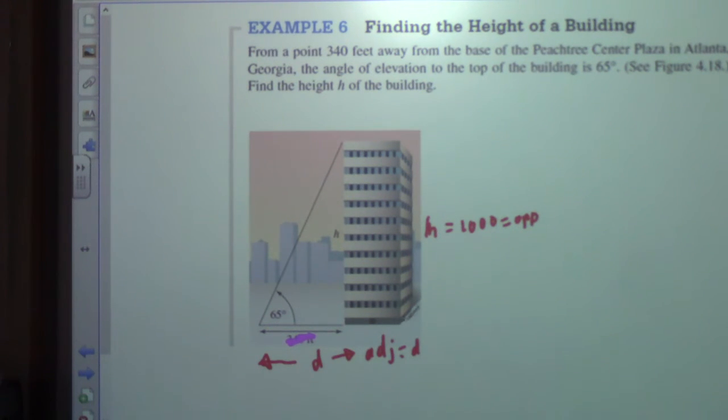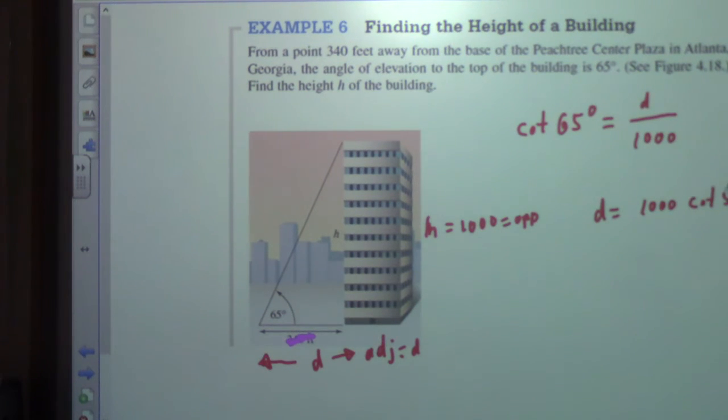So in this case, we could use cotangent of 65 degrees equals adjacent over opposite, so it's D over 1,000. You could use tangent and do 1,000 over D. In this case, D is going to be equal to 1,000 cotangent 65 degrees.